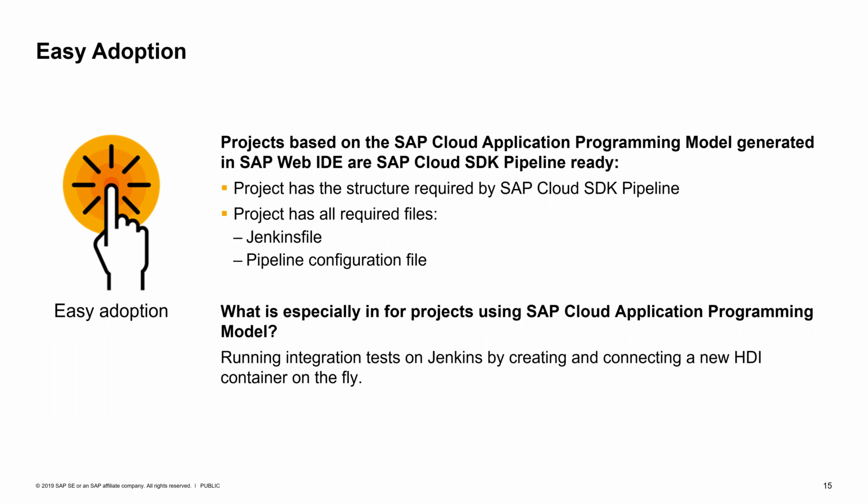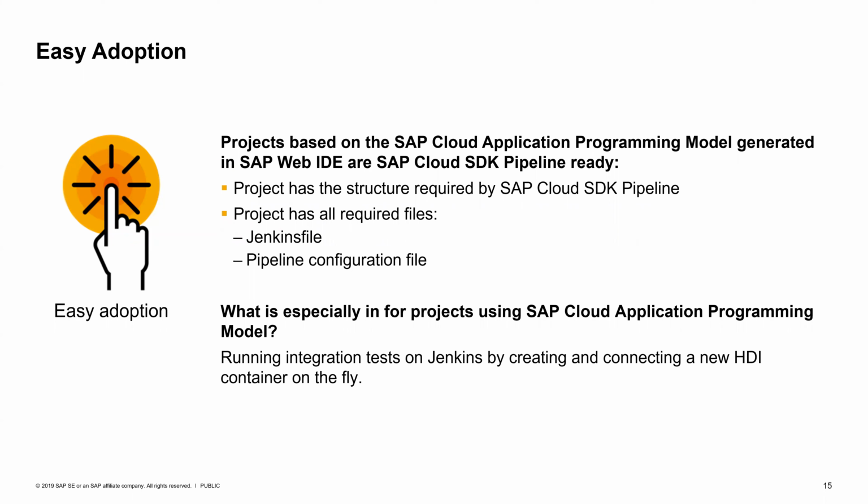This is because when we are building a continuous delivery pipeline that has to work on projects that we don't control because you are building them, then we have to make some assumptions about the structure of your project. So how do we run tests? How do we build your application? All that stuff. And this is automatically taken care of by the template in Web IDE.